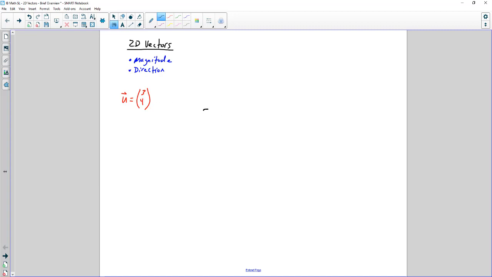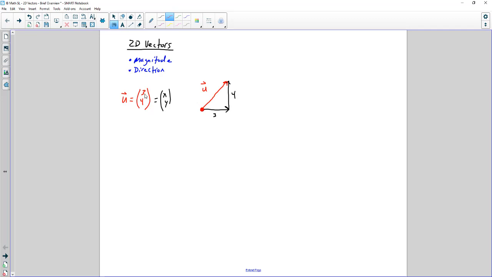So we have 3 going in the positive x direction from some sort of reference point. And then from there, we're going to add to it another vector going 4 in the y direction. So you can think of this as being x and y when I write a vector like this. The actual vector u will start where this whole thing started and end where it all ended, and we call this vector u.